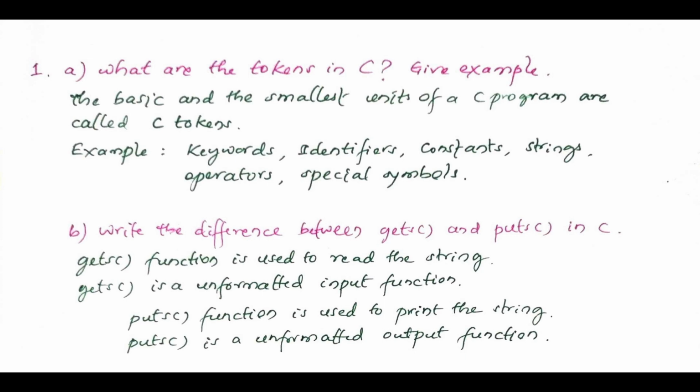The gets function is used to read the string from the keyboard, and gets is one of the unformatted input functions, which means we get the input from the keyboard, and unformatted means we are not specifying the formats whenever we use gets. The puts function is used to print the string on the screen. And puts is an unformatted output function. You are putting it on the screen, that's why it is an output function.